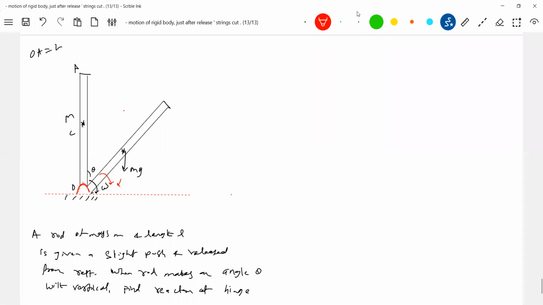Since you are familiar with along x and along y, I'll proceed in that way. One reaction force will be up, Ny, and the other reaction force Nx.